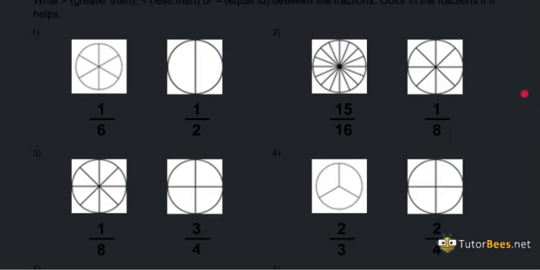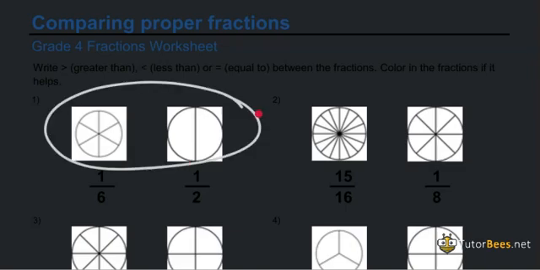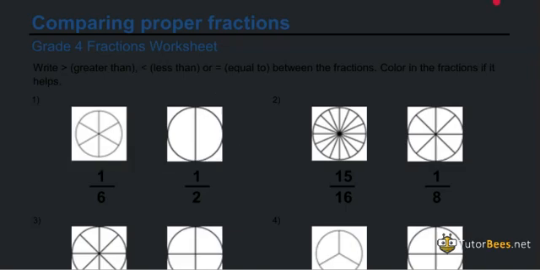You're comparing fractions, right? You can use these models, these circles, to compare which fraction is greater, which one is less, or which one is equal. Or you can use the butterfly method.